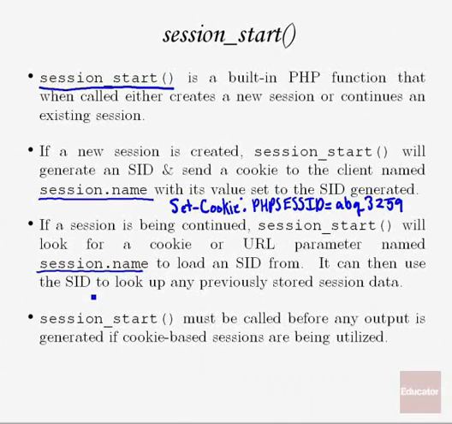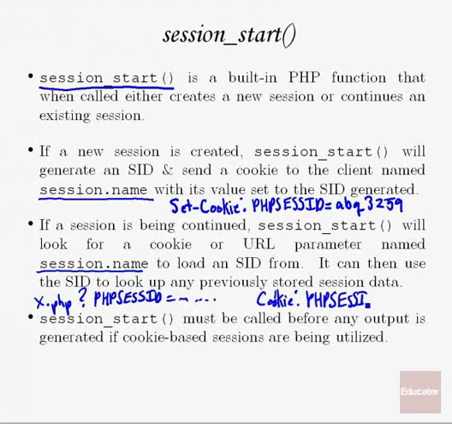So it might be a GET variable called PHPSESSID equals something, if this was a URL parameter, or it would look for a cookie header in an HTTP request with a cookie named PHPSESSID equal to whatever random session ID was assigned to a previously started session. It can then use that session ID to access any previously stored data, which we're going to talk about in a minute.